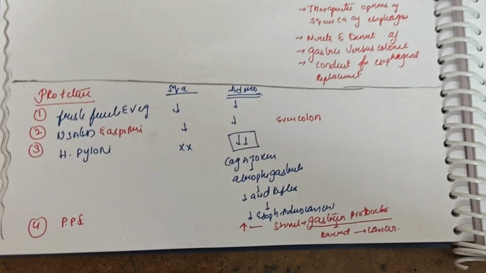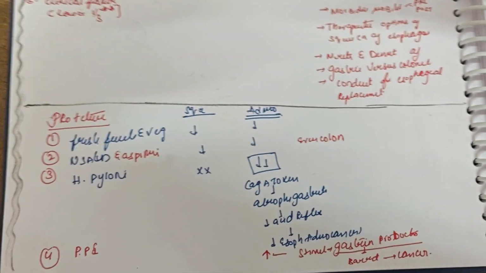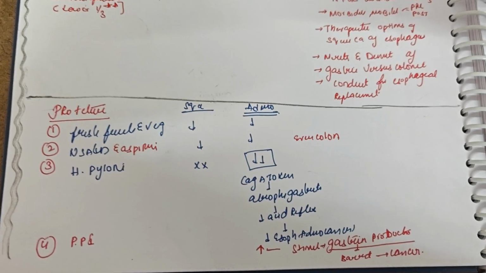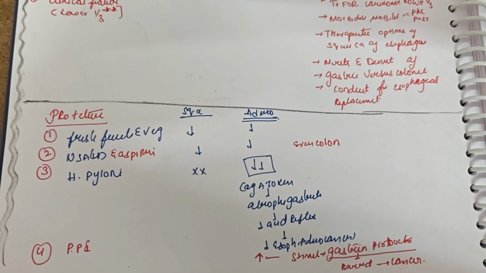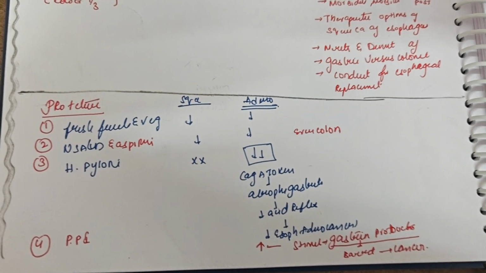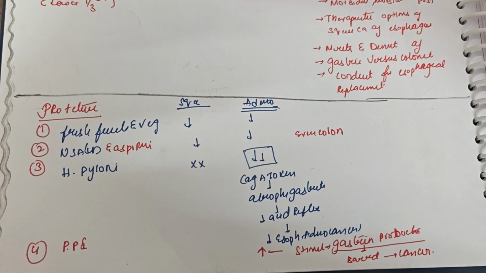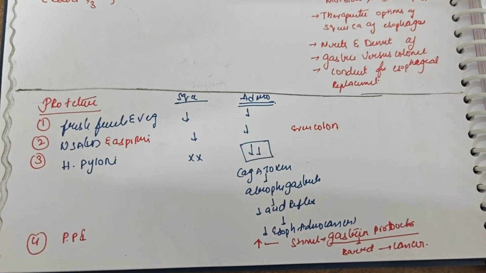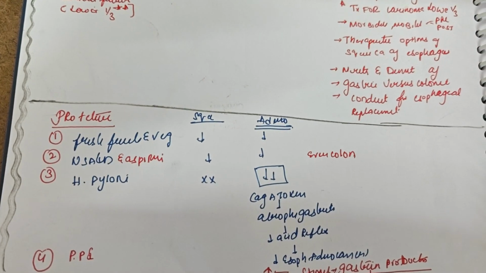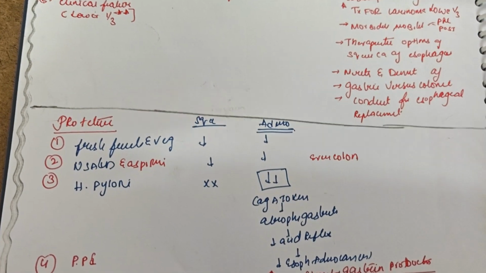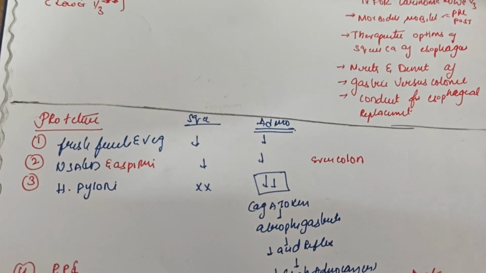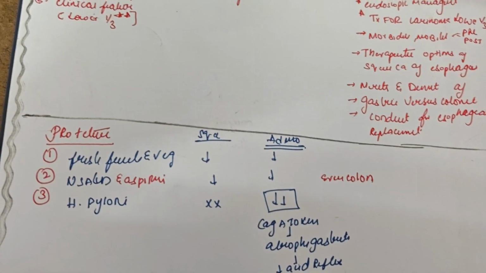Now, we have been discussing the risk factors of carcinoma of the esophagus. We should also understand the protective factors for squamous cell carcinoma and adenocarcinoma. What are the factors which protect against them? First, for squamous cell carcinoma, fresh fruits and vegetables decrease the chances of esophageal carcinoma.